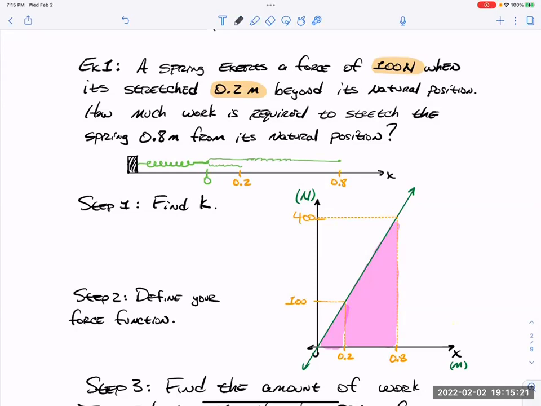Okay, so the first thing here is step 1 to find K. Well, we know what's a relationship between force and distance stretch. It's F equals KX. Now, using our given information here, we were told when X is 0.2 meters, the force is 100 newtons.